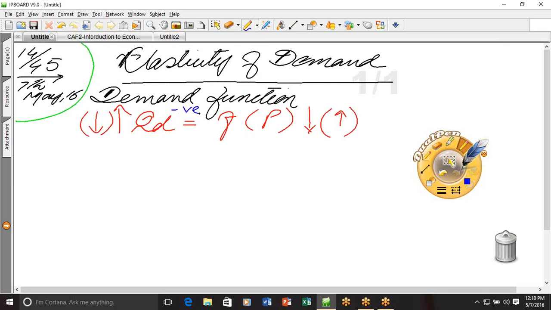But the most integral part that is missing here is: if price increases or decreases by 1%, then what would be the response of demand, or by what percent would the change in demand be?